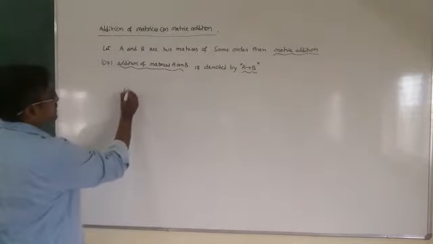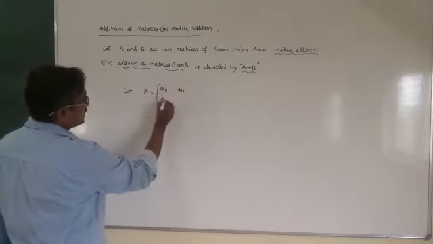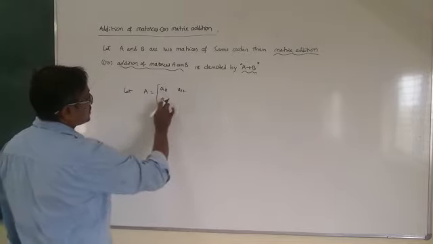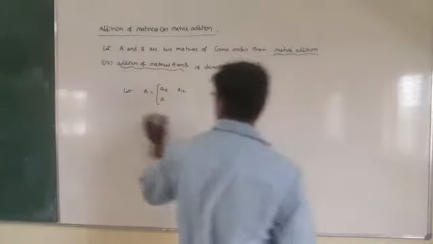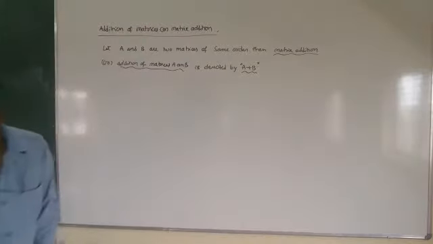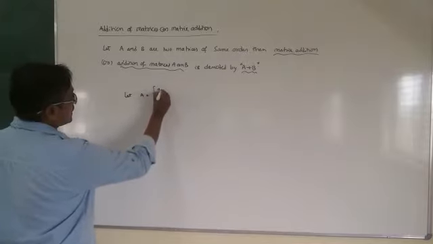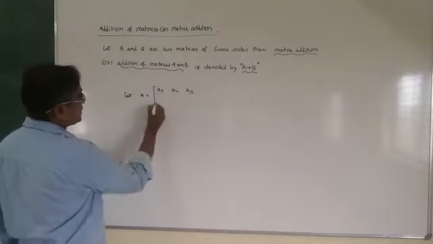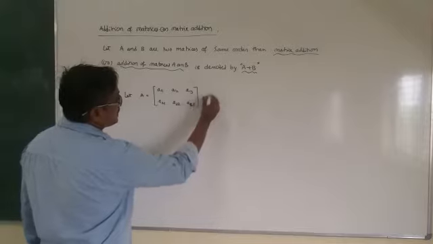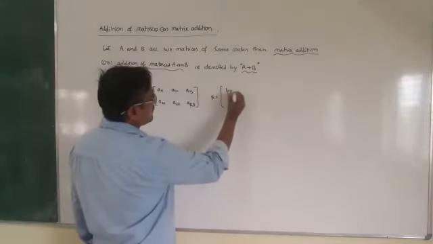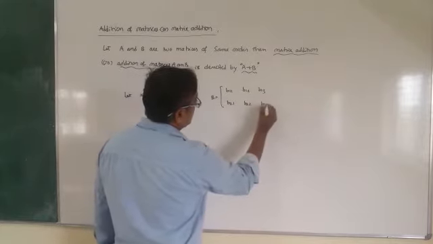Let capital A be equal to the matrix A11, A12, A13, A21, A22, A23, and B be equal to the matrix B11, B12, B13, B21, B22, B23.